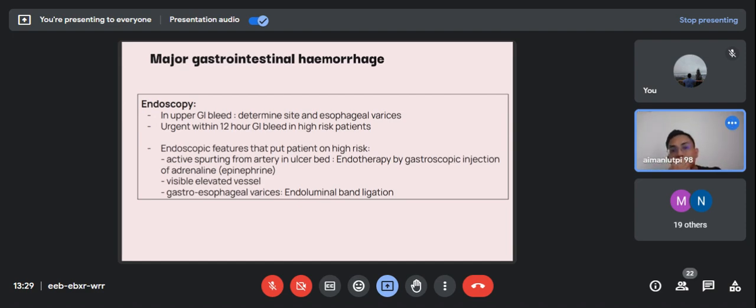So it is urgent within 12 hours in high-risk patient and hemodynamically unstable. Endoscopic features that put patient at high risk are active spurting from artery, visible elevated vessel, and gastroesophageal varices.